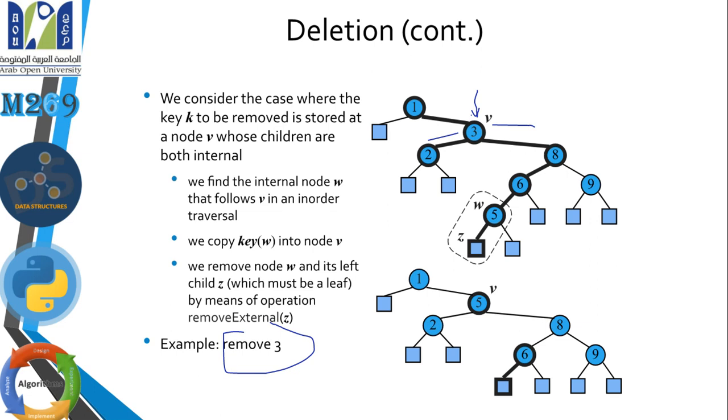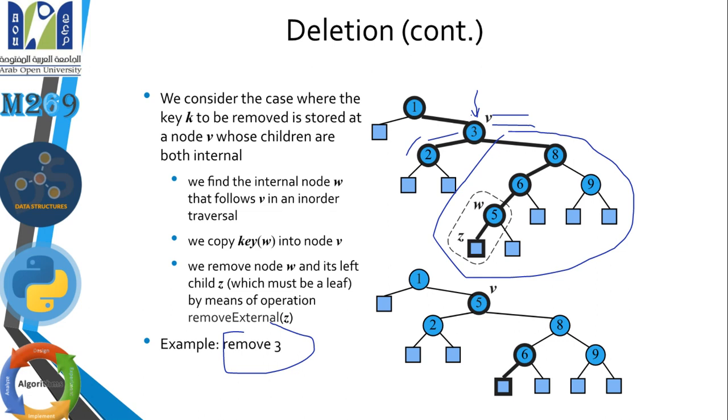We have to find the internal node, in in-order traversal of course, and take the node that follows it directly. So we have to go to the right because we cannot choose from the left. It will be smaller than the root, which is not possible.